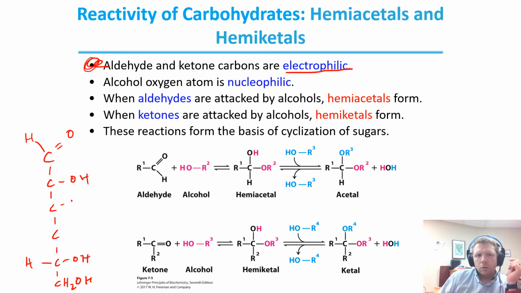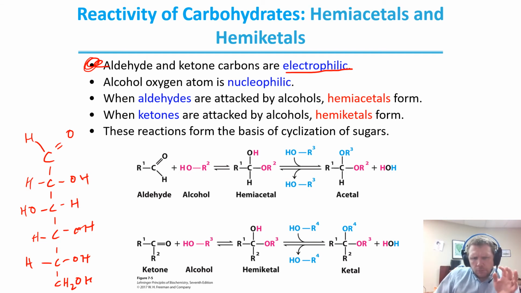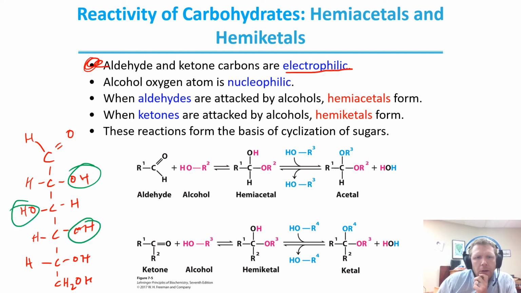OH, H, OH, H, OH, H. Now, an alcohol oxygen is nucleophilic. How many alcohol oxygens do we have? We've got a total of 5 alcohol oxygens on glucose here. So these are all nucleophilic.